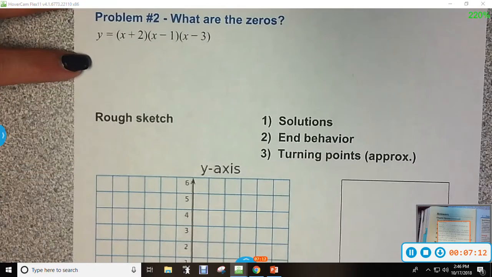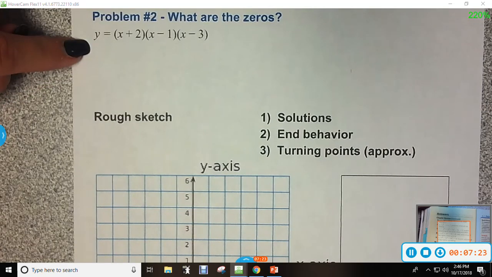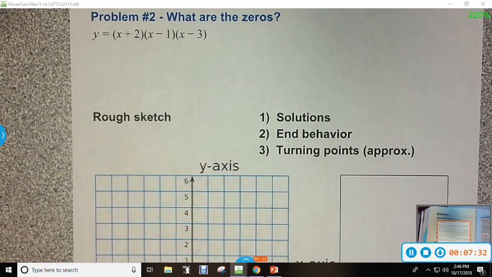So now, for the next one, there's problem 2, and it is already in factored form. I need you to go ahead and solve this. And then you can put your solutions on the graph. And then we've got to talk about end behavior here just a little bit.